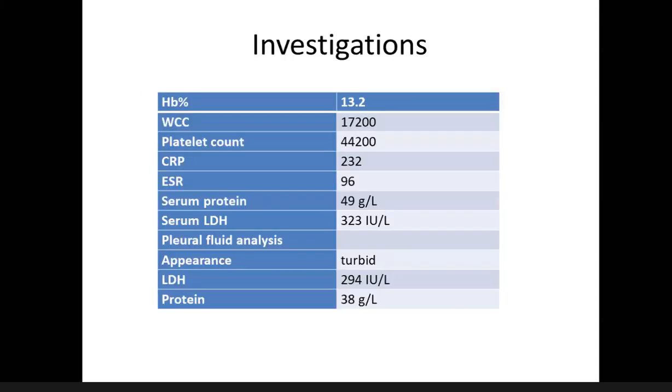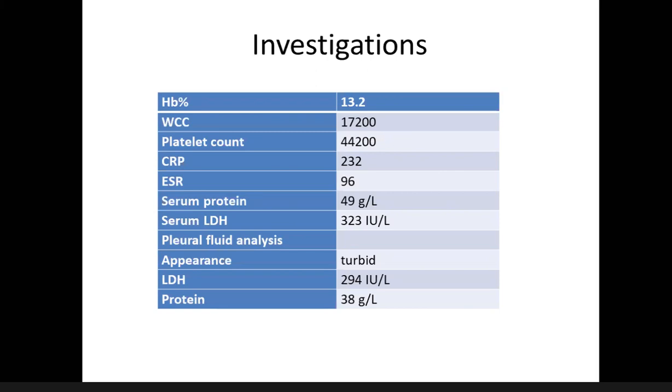results. So in this patient, hemoglobin is 13.2, total white cell count 17,200. This is peripheral blood, right? Platelet count 442,000. CRP, ESR high, serum protein, LDH levels are given. Appearance is turbid, and LDH value is given, and protein is 38.